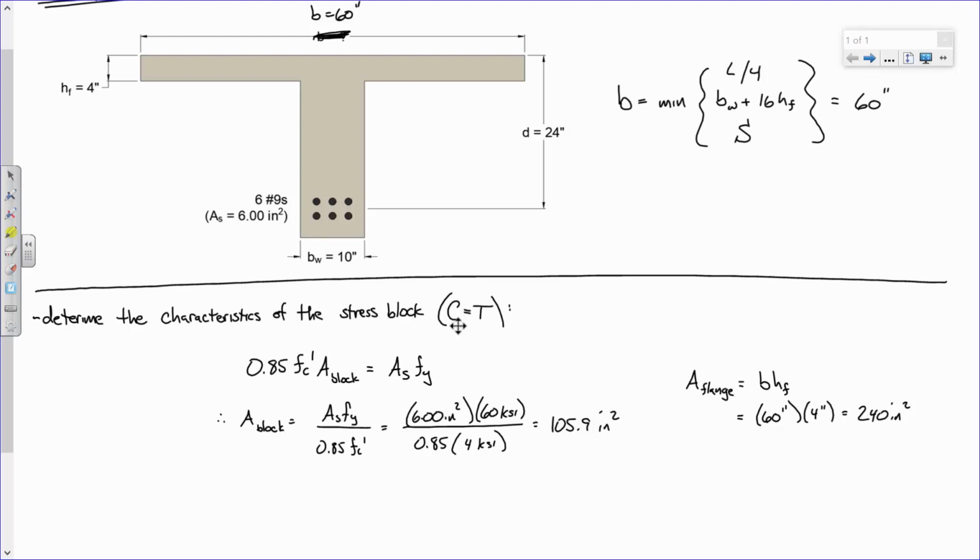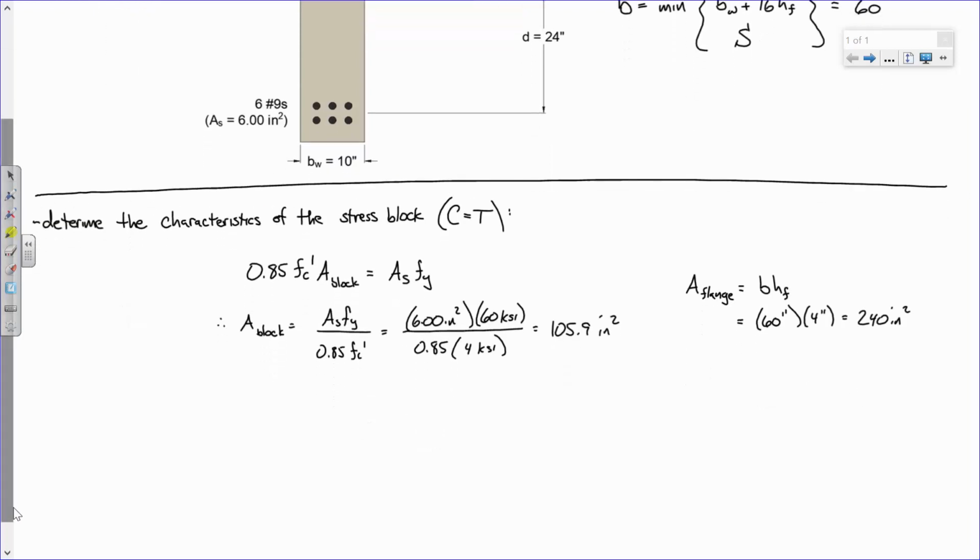So let me ask you this: could I fit the entirety of my stress block in the flange? Yes, I can. I propose the stress block looks something like this. Here's the beam, and the stress block is going to look something like that.